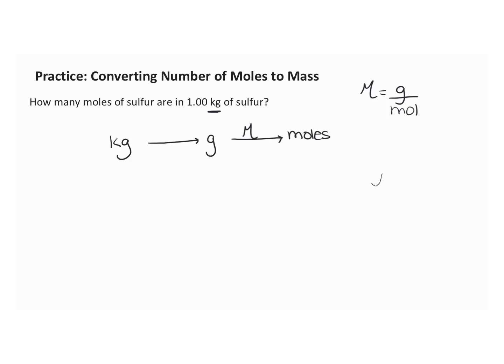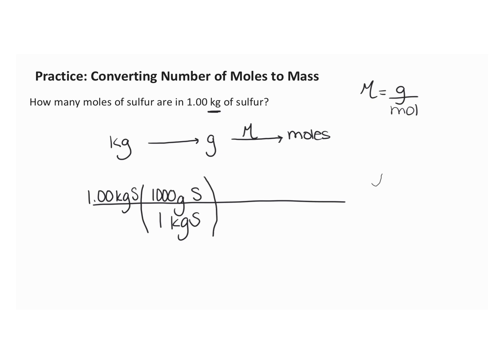So one of the ways to solve this problem is to think backwards. And so when we set this up, we say, great, we have 1 kilogram. And we know we have 1,000 grams of sulfur in 1 kilogram of sulfur.